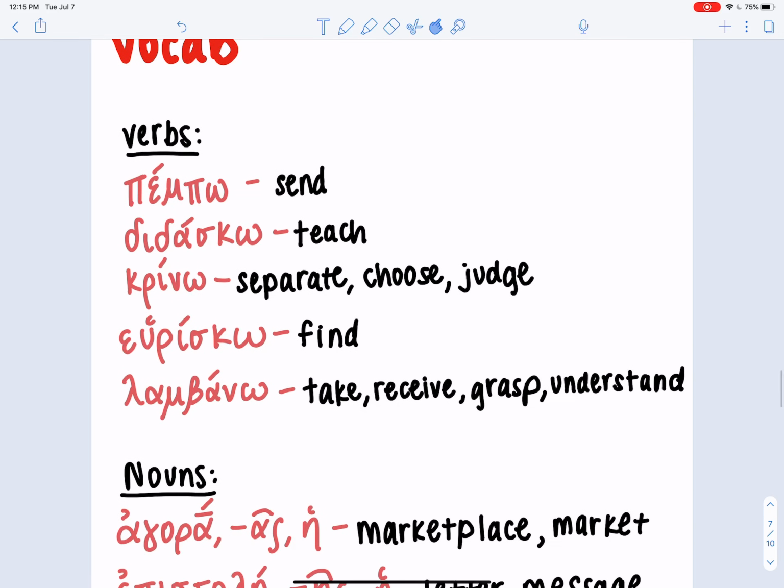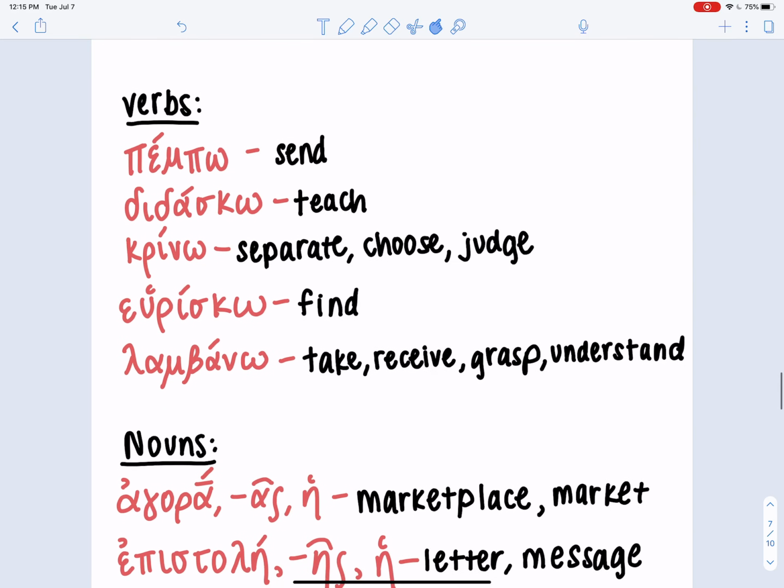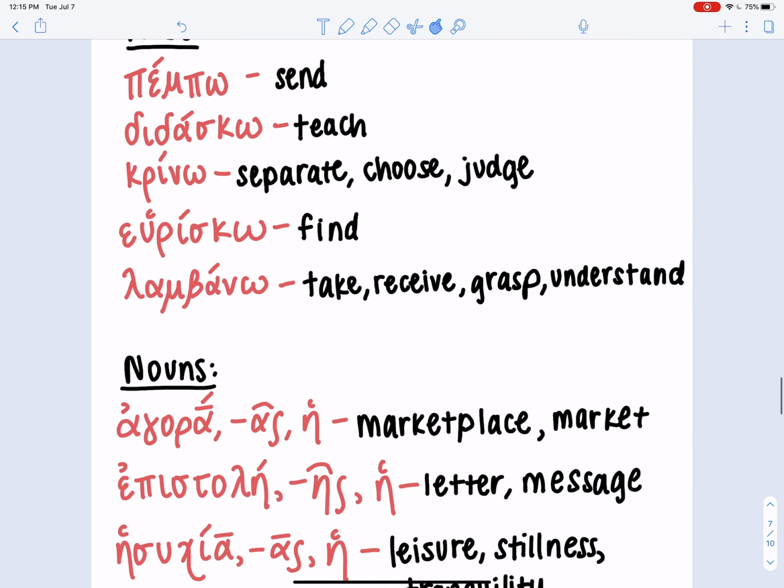Then we have heurisko, which means to find, lambano, which means to take, receive, grasp, or understand, any of those. So those are our 5 verbs for this week. Not too bad, I just think they're fun verbs.